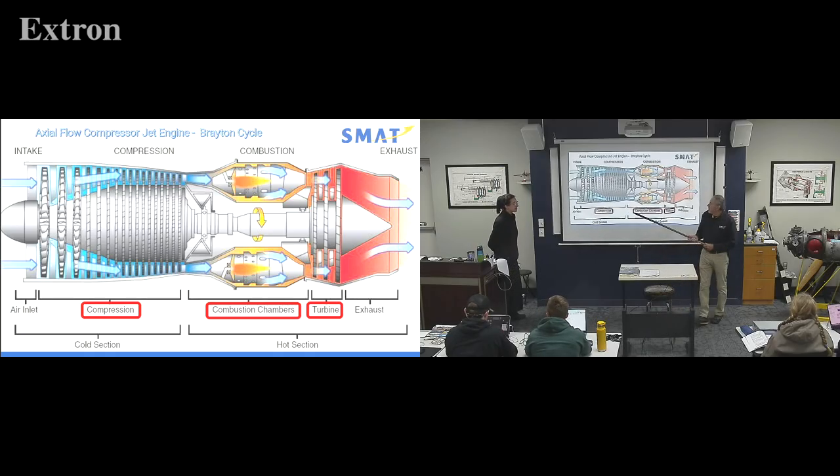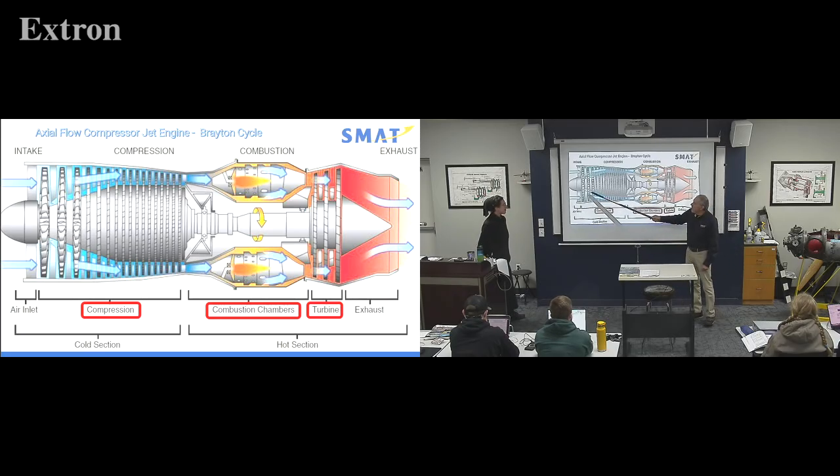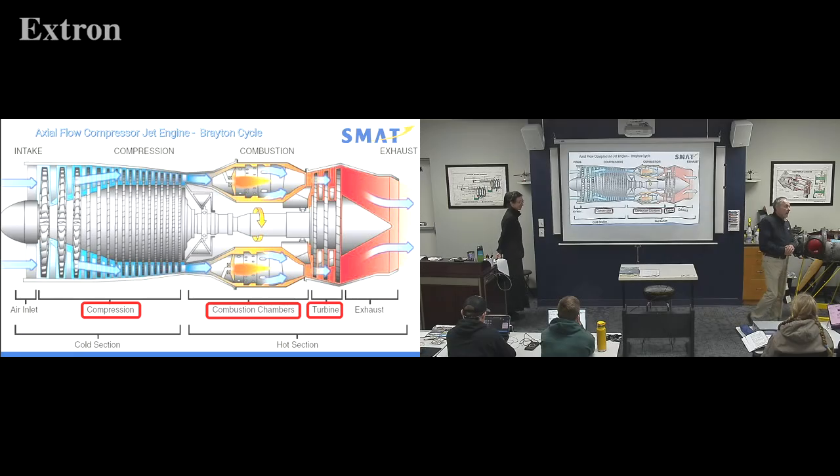The compression ratio coming out of here is so high, there's such a high compression of air, that it's very hot, 400, 500 degrees, give or take. So that compressor is imparting a tremendous amount of energy into the air to get it compressed for the combustion section. And it's all little convergent, divergent ducts, even in between the individual blades. Gotta love CDs.